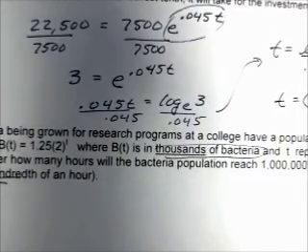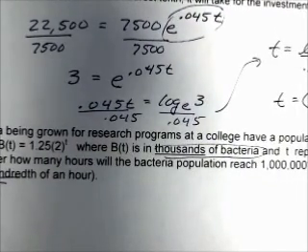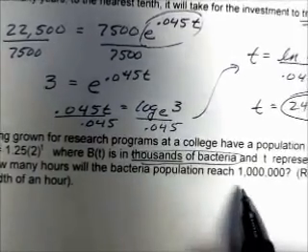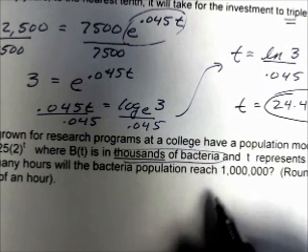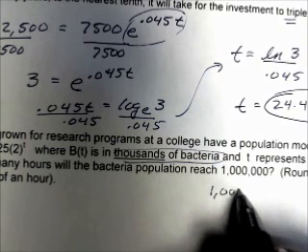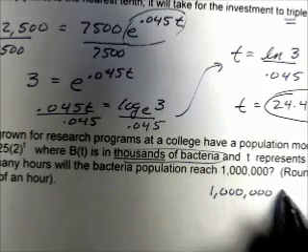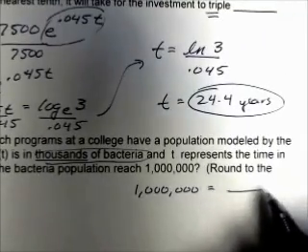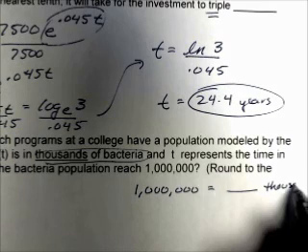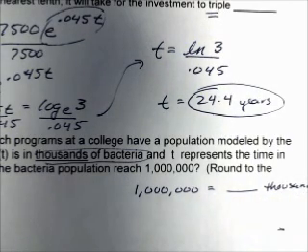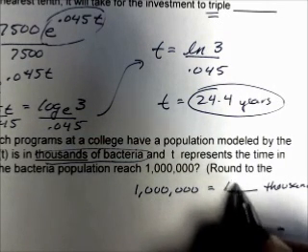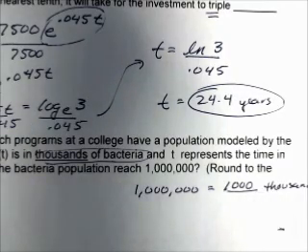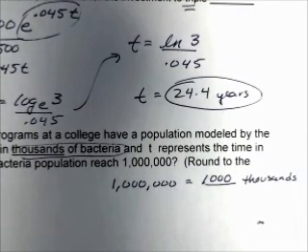Now, this is given to us in thousands of bacteria. So first, let's take our 1 million. 1 million is equivalent to how many thousands? If I just take off the 3 zeros, 1 million is equivalent to 1,000 thousands.